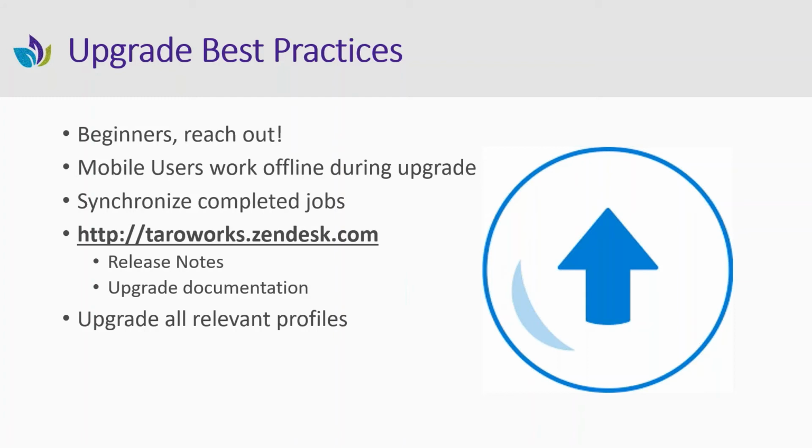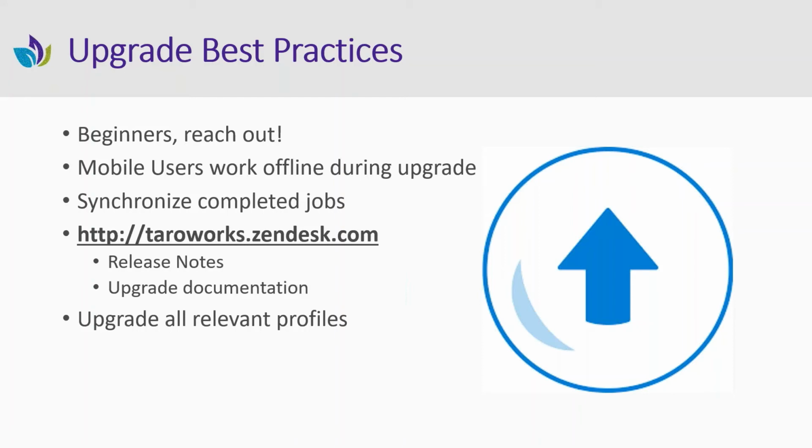It's always advisable that mobile users are working offline during an upgrade. So you could just advise them to sync before you begin the upgrade, and then let them know when you're done so they can sync and resume their work. Once they do sync after you've done the installation in Salesforce, they'll be prompted to download the corresponding version of the mobile application.